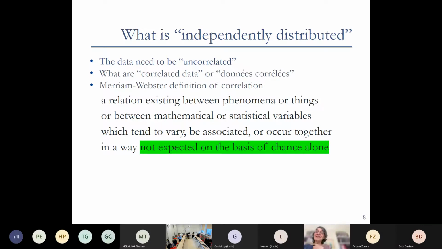The definition of correlation given in the Merriam-Webster dictionary is a relationship existing between phenomena or things, or between mathematical or statistical variables, which tend to vary, be associated, or occur together in a way, and here's the important part, not expected on the basis of chance alone. So that's correlation.